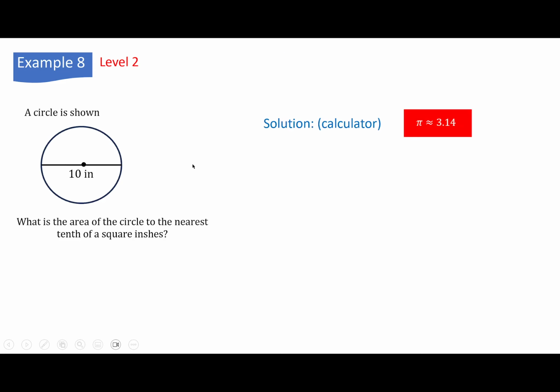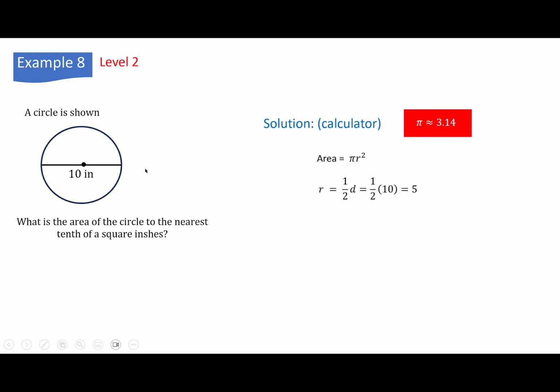Example 8. A circle is shown. What is the area of the circle to the nearest tenth of a square inch? Now, many students will use 10 in the formula. The formula is pi r squared, so you need r. You can't use the diameter.